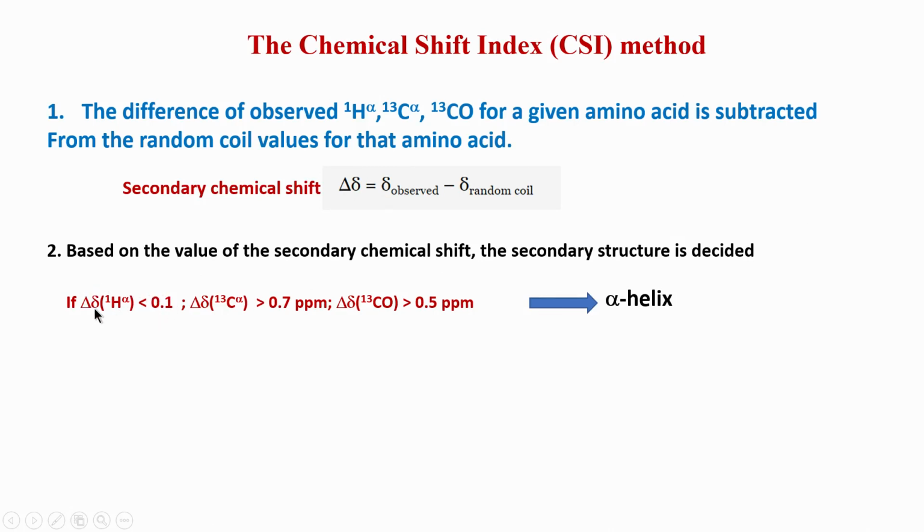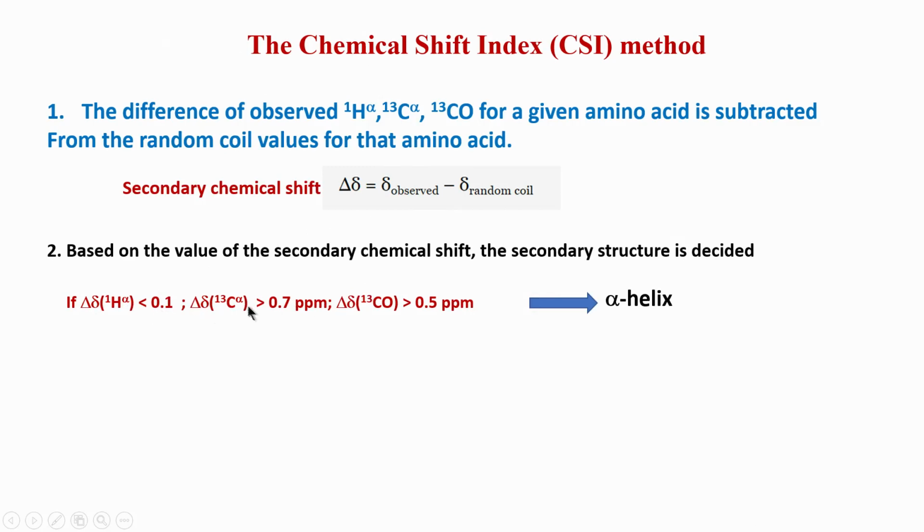If for any amino acid the deviation, that is the secondary chemical shift, of H alpha is less than 0.1, and the deviation of C alpha is greater than 0.7, and the deviation of CO is greater than 0.5, and all these three are satisfied, for example for alanine number 44 or alanine number 75, whichever alanine in my protein, I will calculate the secondary chemical shift for these 3 atoms and see how much the deviation is.